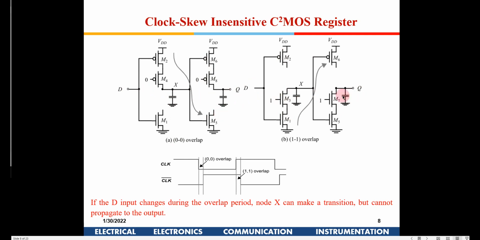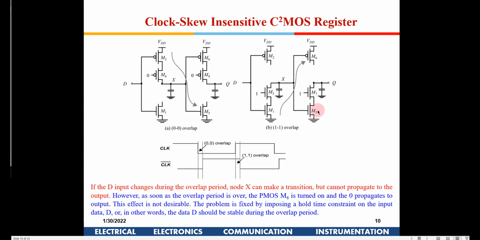Right. So by having this kind of thing, we can make this D transparent proof, so it will not act like a latch out here. Okay. Now but there is a small problem out here also. Suppose, like we said, D in this case is going from 1 to 0 here.